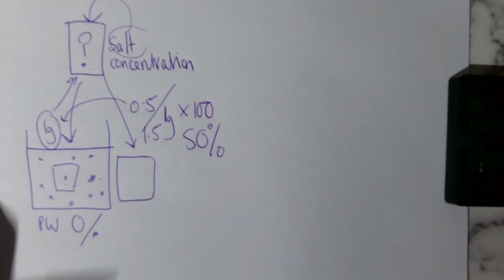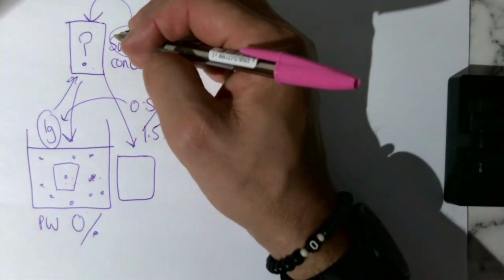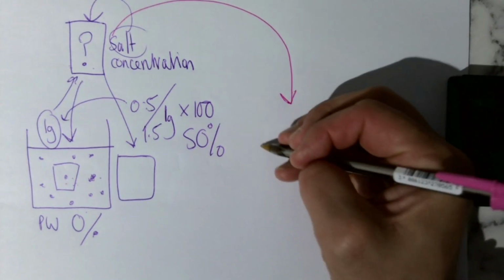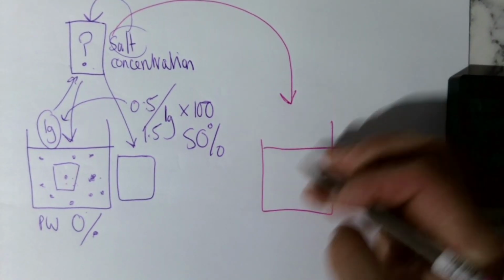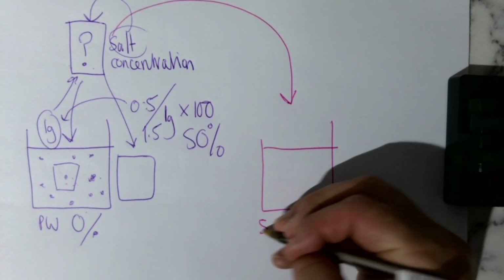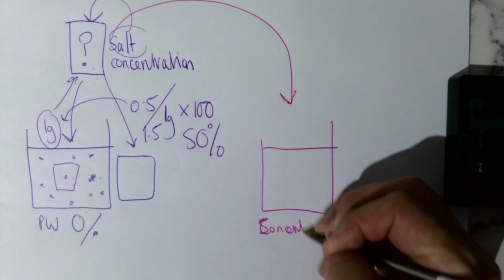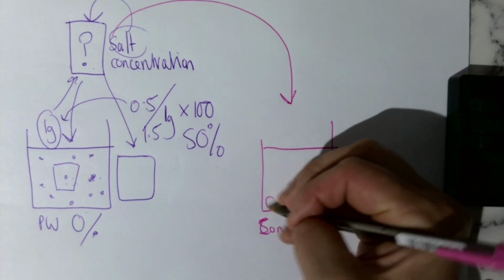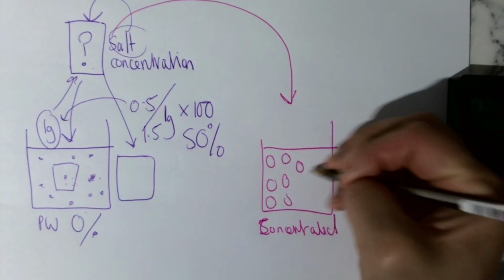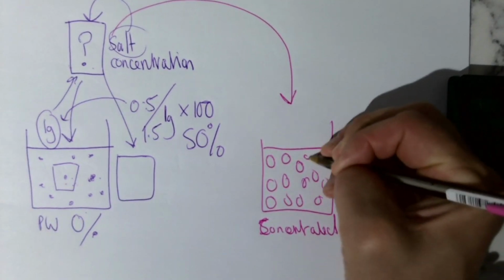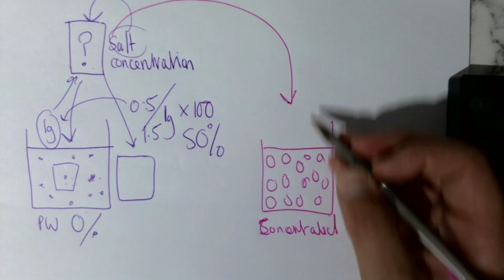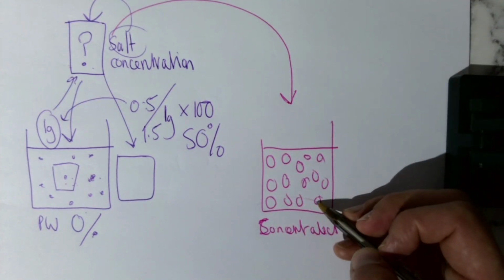So let's go over to this then. What they do next is they take our potato and they place it into a very concentrated salt solution, which basically means they can't dissolve any more salt into the solution. Any more salt that goes in just sits at the bottom.